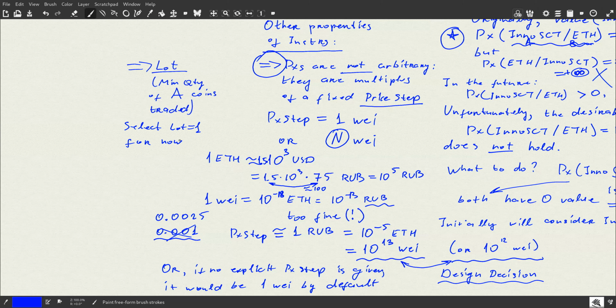So for example, if you trade USD ruble at Moscow exchange, then you cannot buy 1 USD at the exchange. What you would have to do is to specify the minimum lot, the minimum quantity of USDs to be sold or purchased, at 1000. So they come in multiples of 1000.